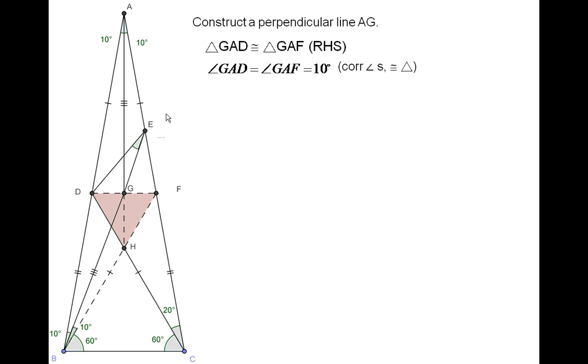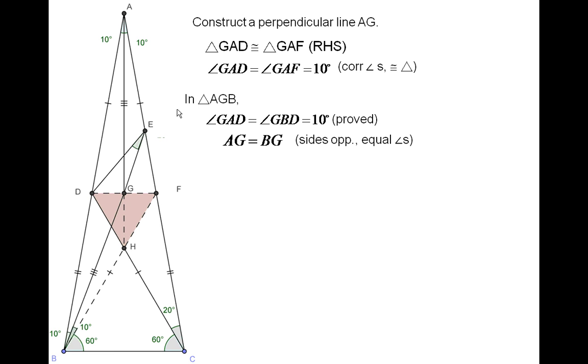Next, I want to draw a line perpendicular to DF, which is AG. After I draw AG, you will find another pair of congruent triangles. Most importantly, we find that angle A is bisected into two smaller angles, both 10 degrees.